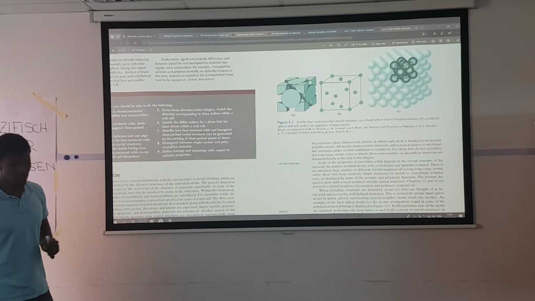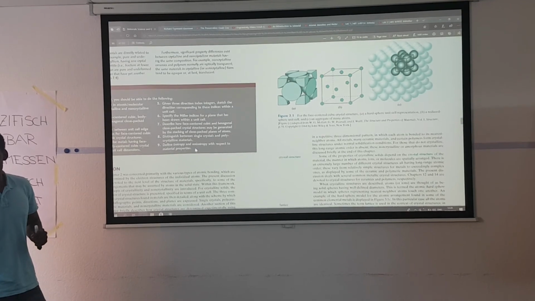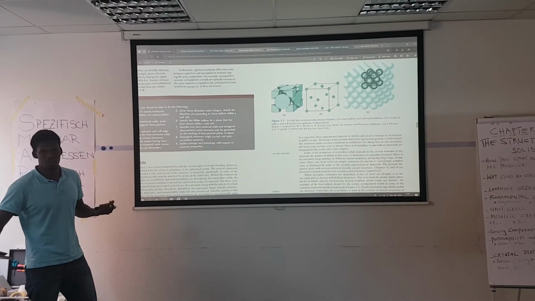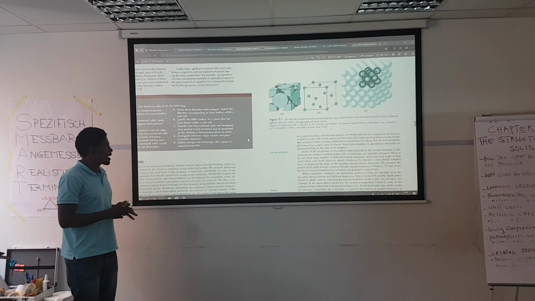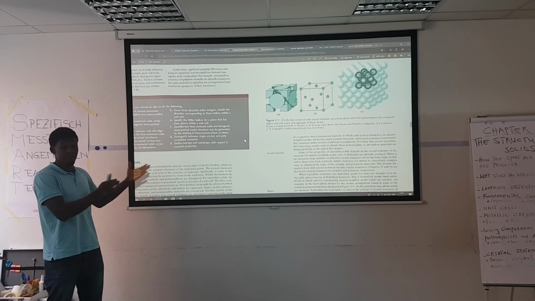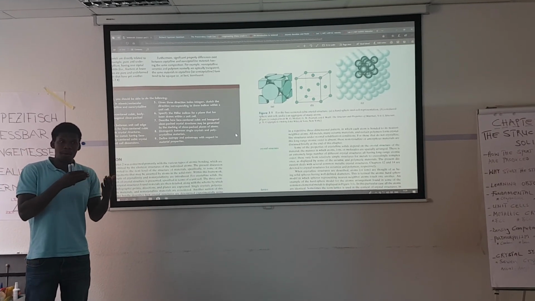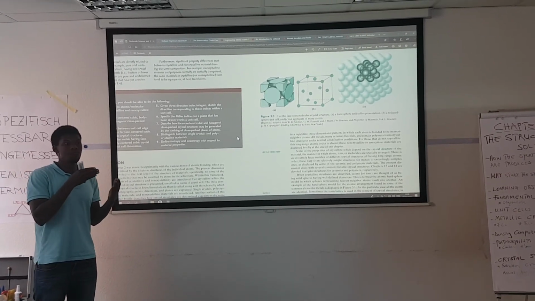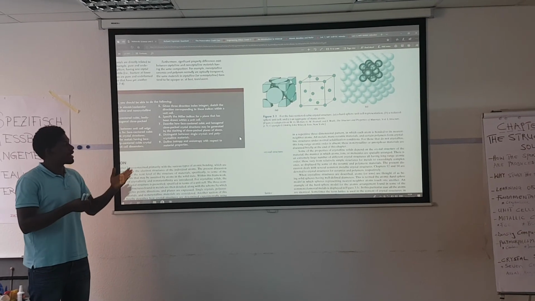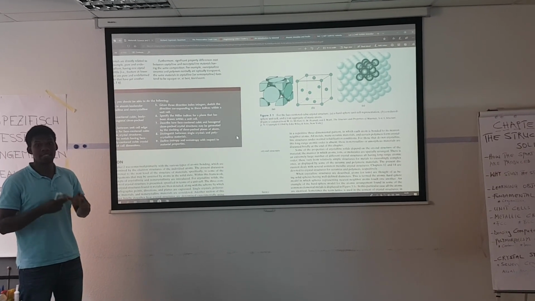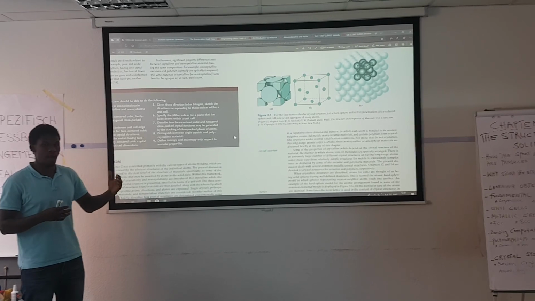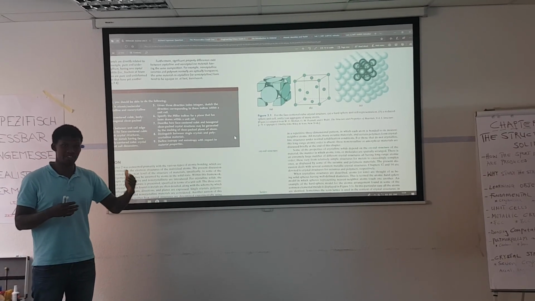And then finally, we're going to define isotropy and anisotropy. These are just terms. Isotropy means that in terms of properties, the material allows electricity to flow in one direction. An anisotropic material is one wherein the material will not allow electrons or electricity to flow within that material.